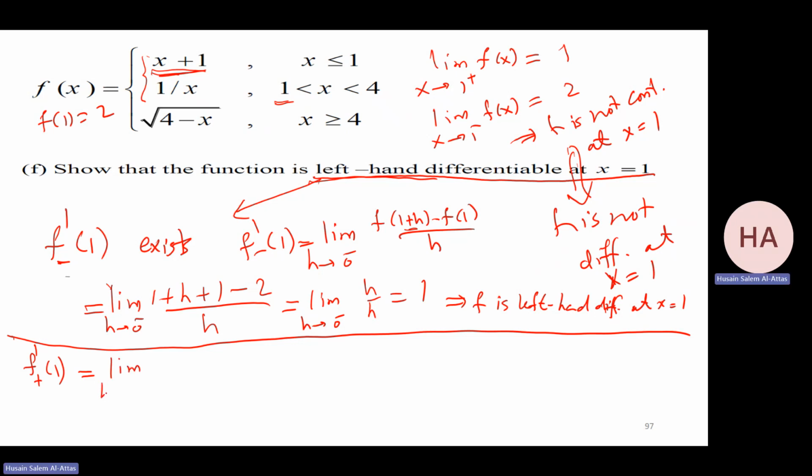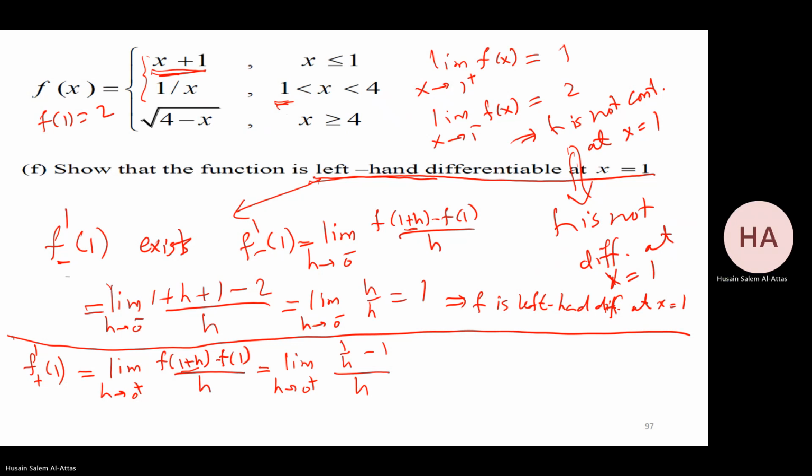That will be the limit as h goes to 0 from right of f of 1 plus h minus f of 1 over h. That will be 1 over h minus 1 all over h.